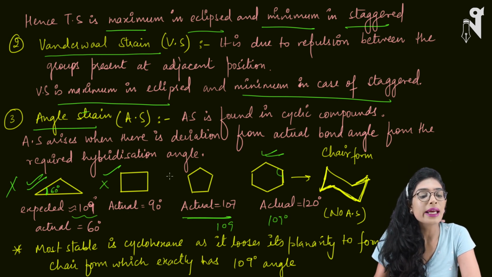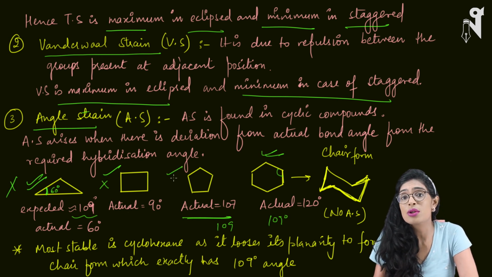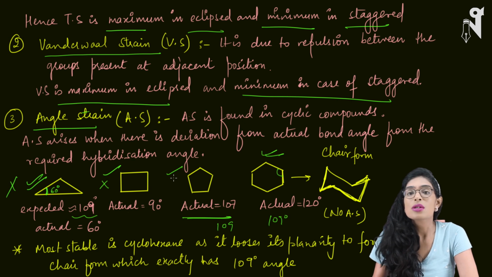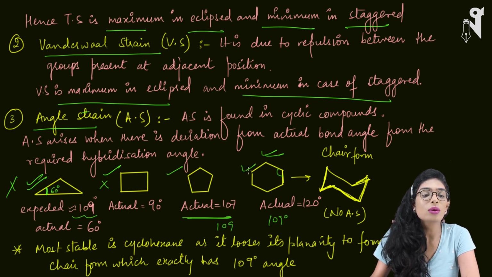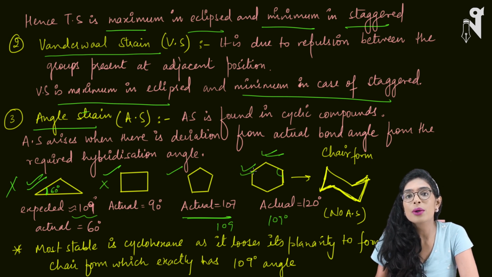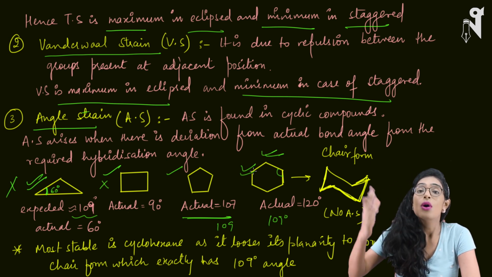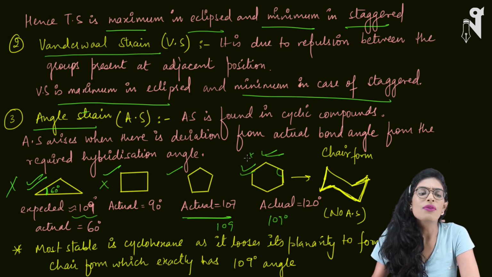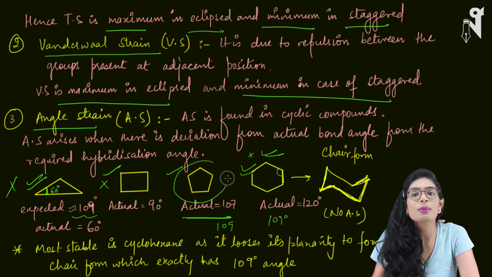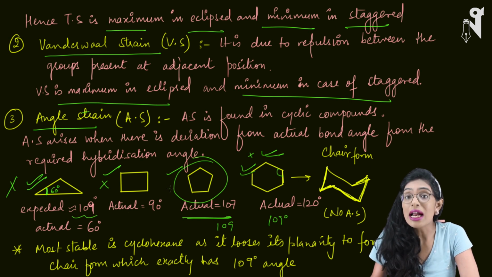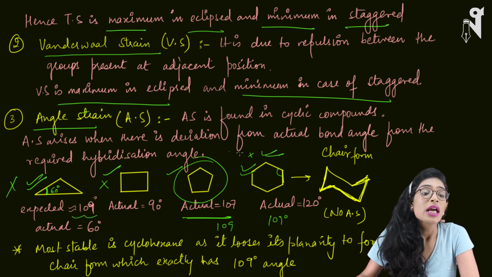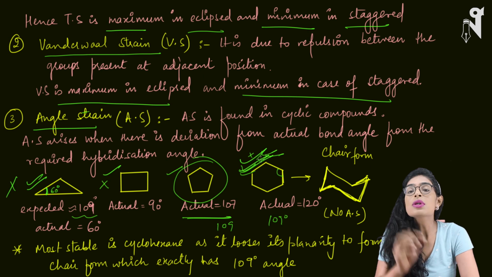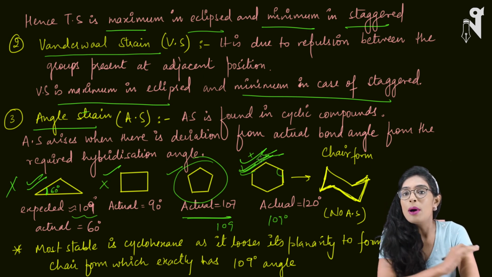Cyclopentane is very, very close to 109 degrees, right? And cyclohexane, theoretically it looks like 120 degrees, which is more than 109 degrees, so it looks like this should also not be very stable, and cyclopentane should be the most stable species. But in the actual situation, cyclohexane is the most stable cyclic compound.